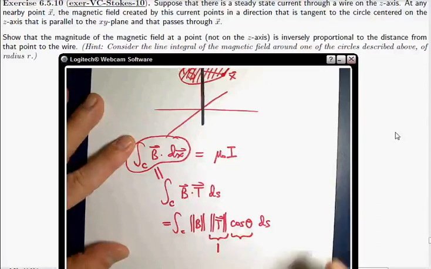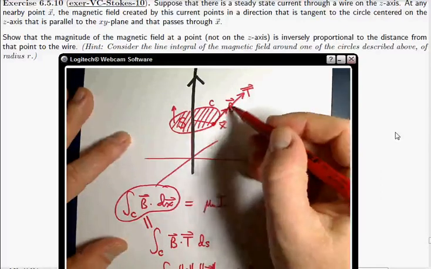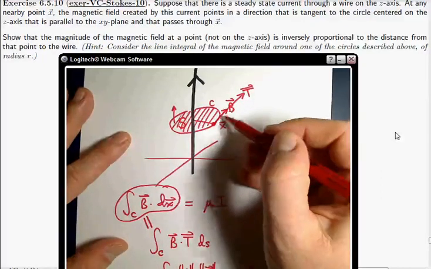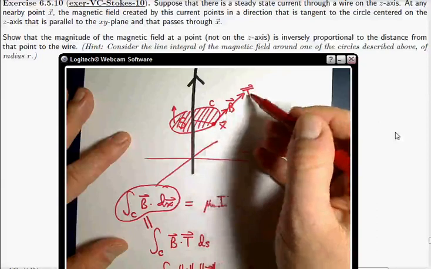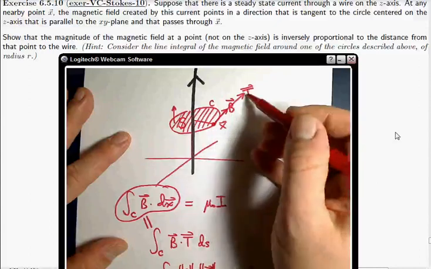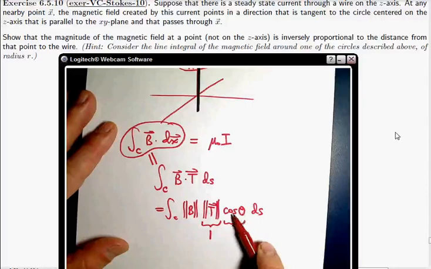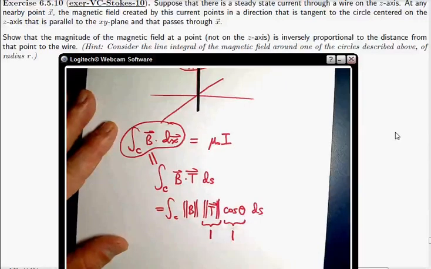Well, where's theta? Theta is the angle between these two vectors. Now, one of the critical givens in the problem is that the magnetic field was tangent to the circle, just like the T vector is, of course, by definition, tangent to the circle. So that means that the angle between these two vectors is 0. And if that angle is 0, the cosine is 1.